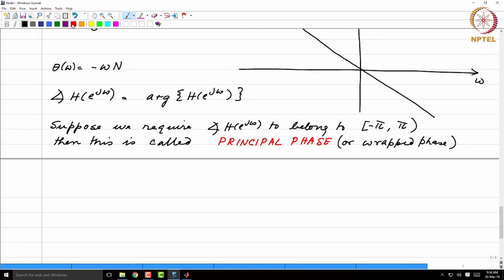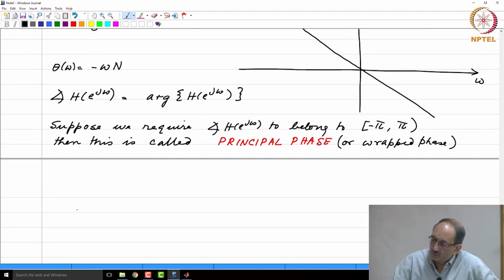And the notation that is used is capital ARG, and this must lie in this interval.